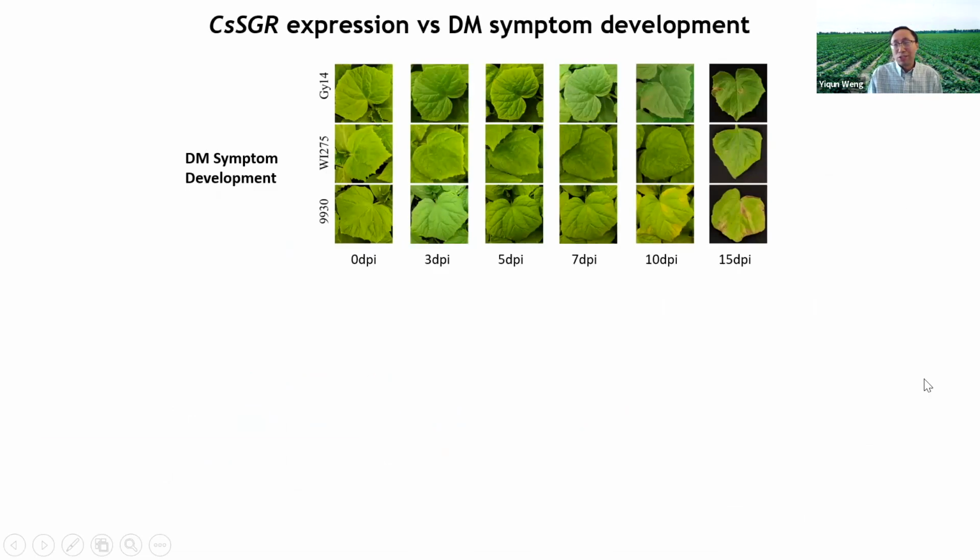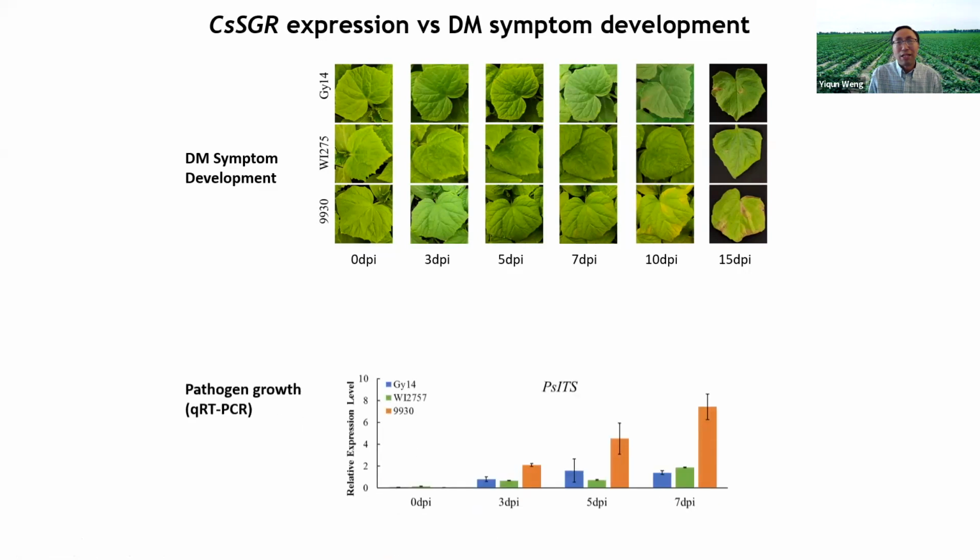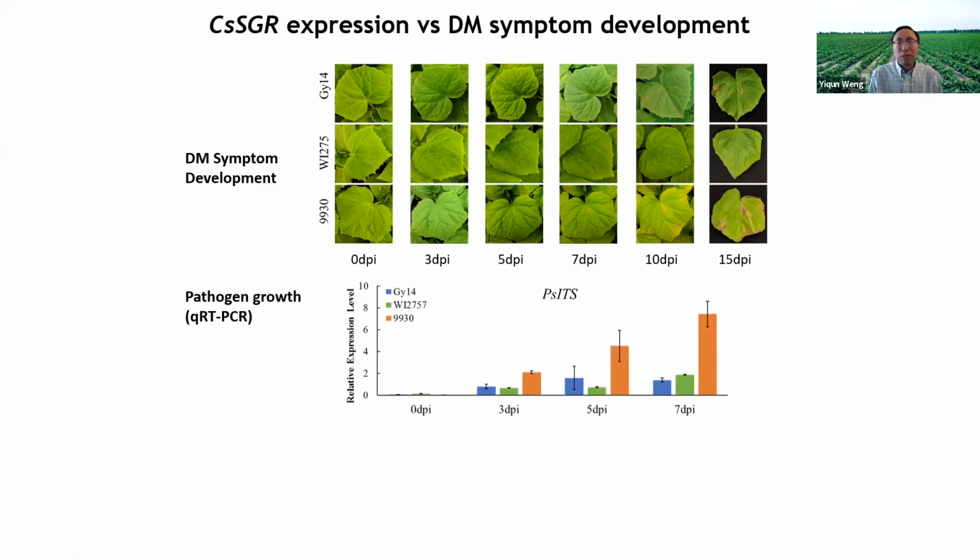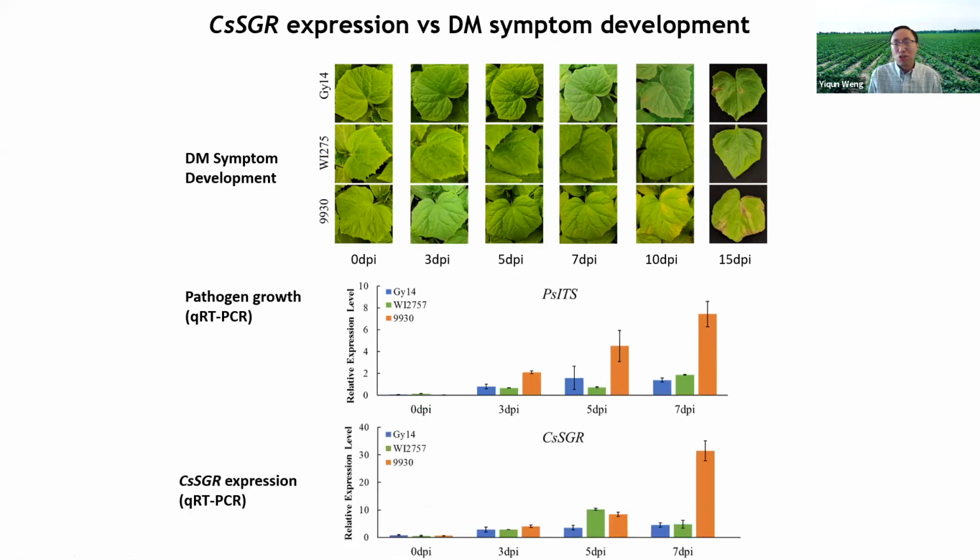Staggering, it's called mechanism dechalates, plays an important role in chlorophyll degradation. So we examined the symptom development, the pathogen growth, and the staggering gene expression. You can see the susceptible lines have a typical chlorosis symptom.